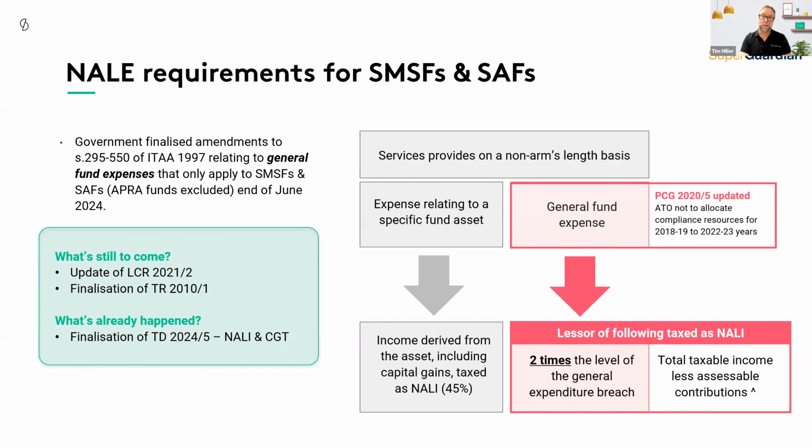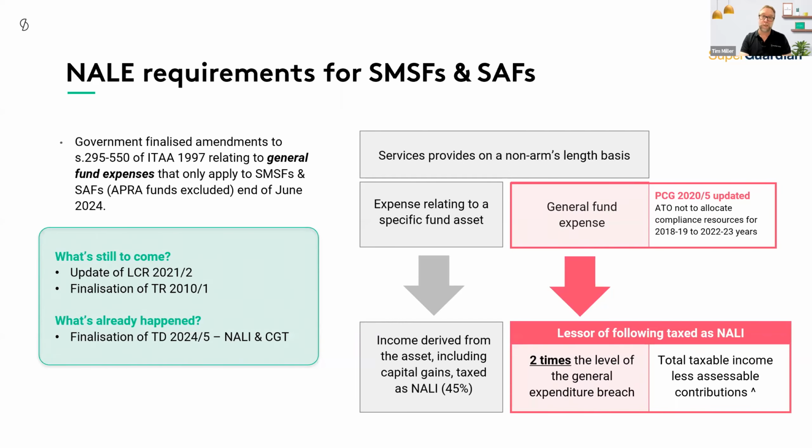PCG 2025 provided compliance relief. So it ultimately identified that the tax office would not put compliance resources towards identifying NALI issues prior to the 30th of June 2023. So what this means is that we've got this 12-month gap where there's no effective compliance safeguard with regards to non-arm's length income.